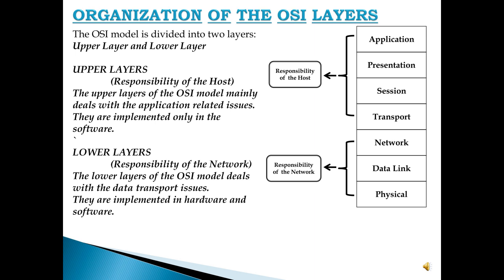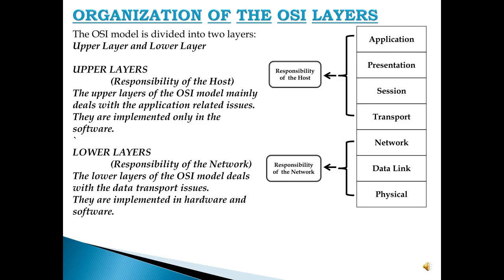Now, the organization of the OSI layers. The OSI model is divided into 2 parts. One is called the upper layer, another is called the lower layer. The upper layer is the responsibility of the host.